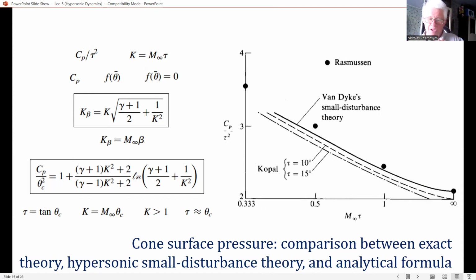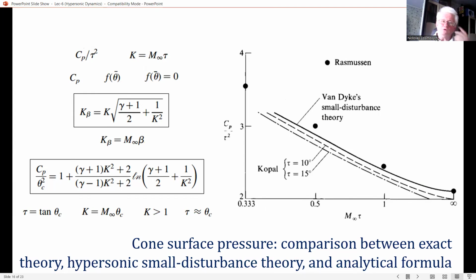The value of this figure is that it illustrates the degree of accuracy of the hypersonic small disturbance theory when compared with the exact result. Reasonable accuracy is indeed obtained over a wide range of values of k. The agreement is better for the more slender cone, as expected.